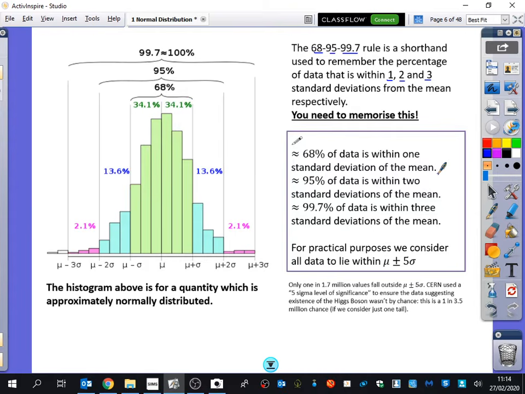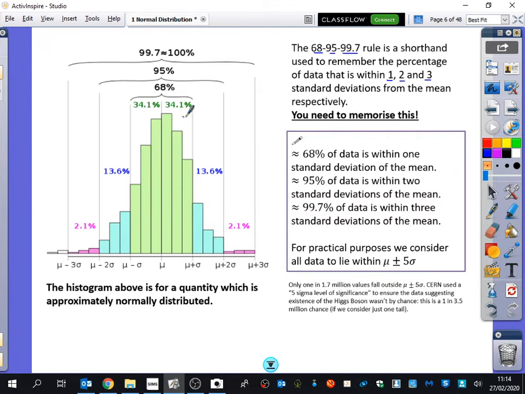So if we're talking about the heights of all the students in Morpeth School, and we worked out the average and the standard deviation, then 68% of them would be in that gap of 1 standard deviation above or below the mean. Most people would be in that general middle area.